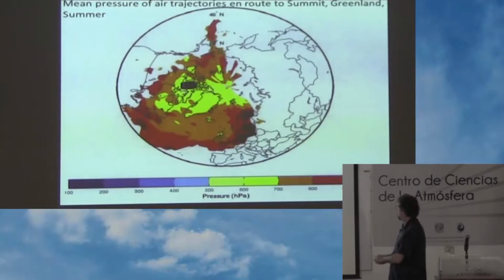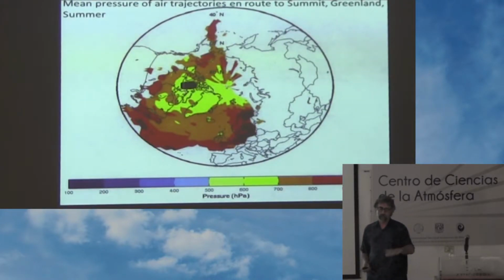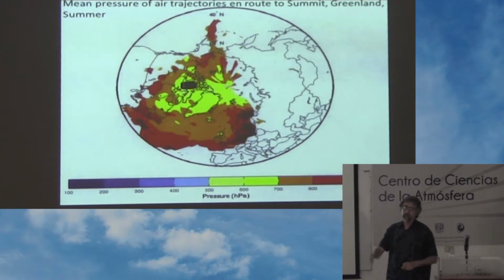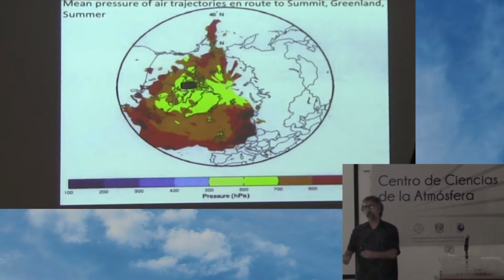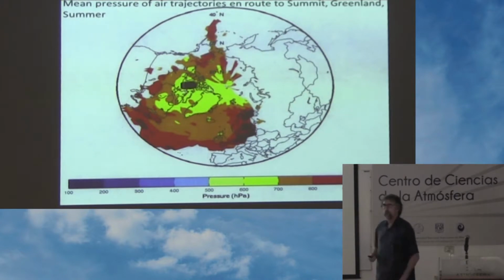So 800, 900 millibars, that's close to the ground, within maybe 1 or 1.5 kilometers of the ground. So again, close enough to the ground to effectively transport contaminants to the ice sheet. Okay. So I've showed you two examples of how trajectories can be used in a climatological sense.